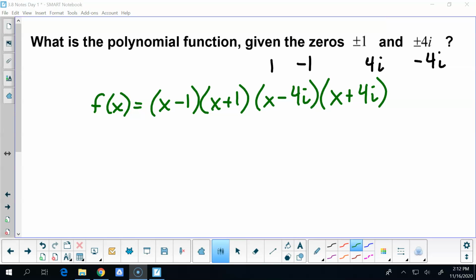Since I have 4 terms, I can multiply these first 2 together, and that's going to give me x squared minus x plus x minus 1, which is x squared minus 1.